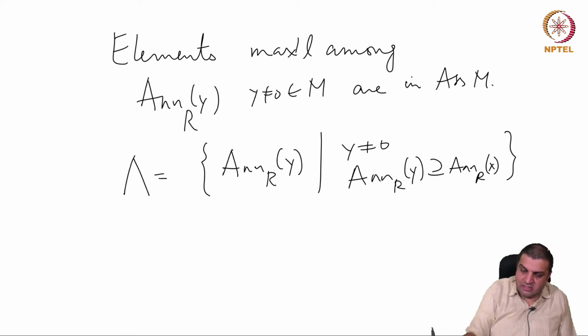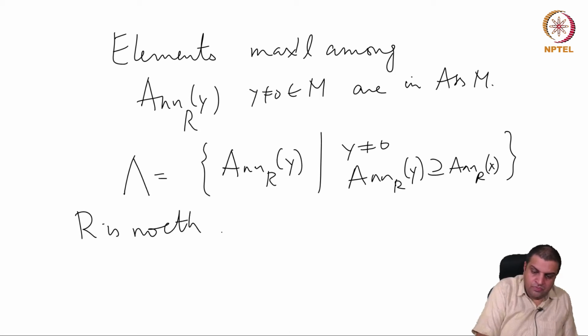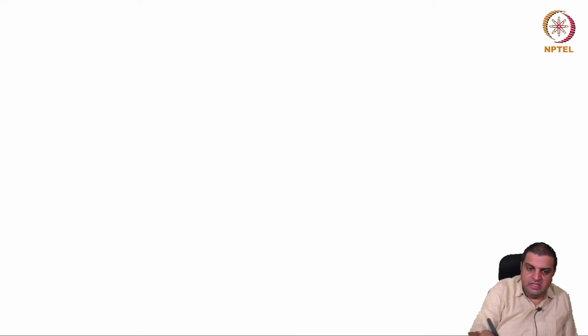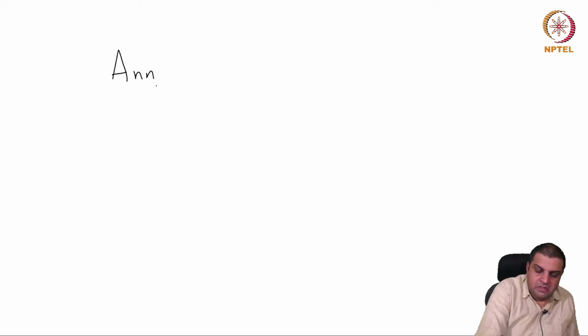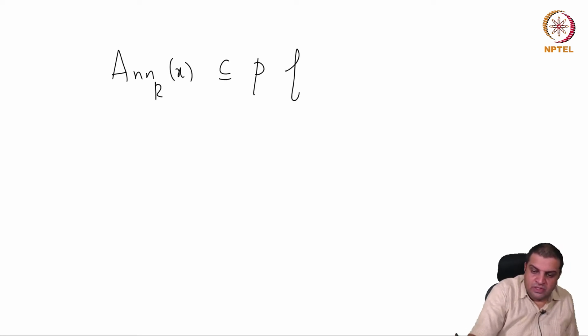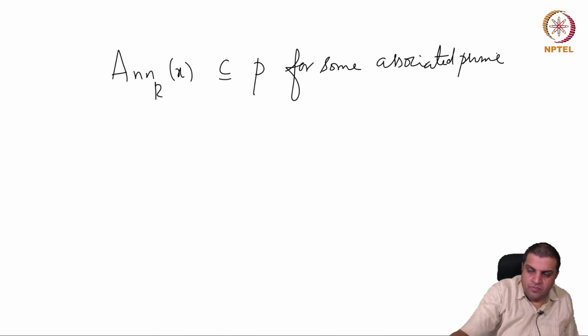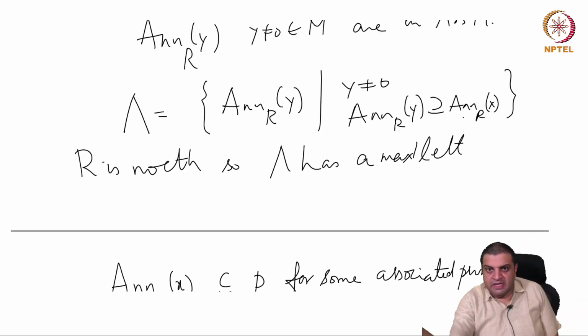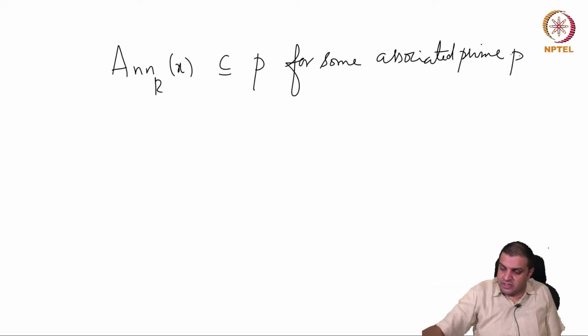R is Noetherian, so lambda has a maximal element, which means that the annihilator of x is inside P for some associated prime P. Because this is a collection of ideals, clearly with y equals x one gets that it belongs to the set, so it is non-empty, and therefore maximal among ideals of this form, they are associated and they will be inside P.